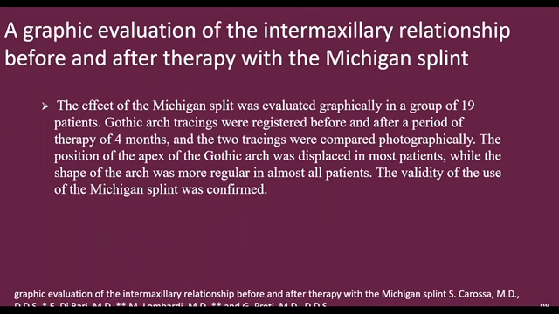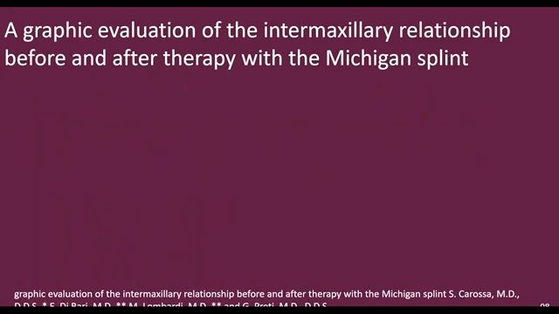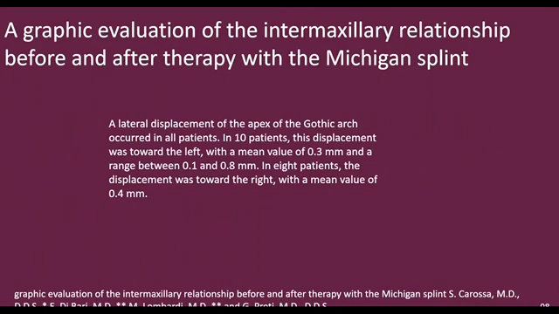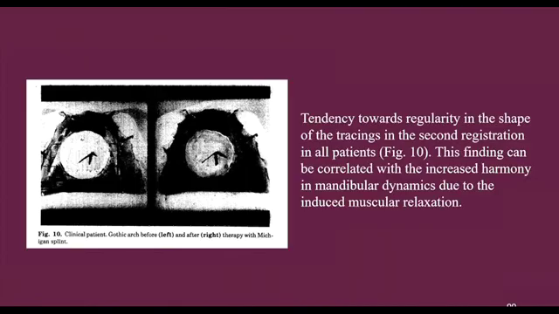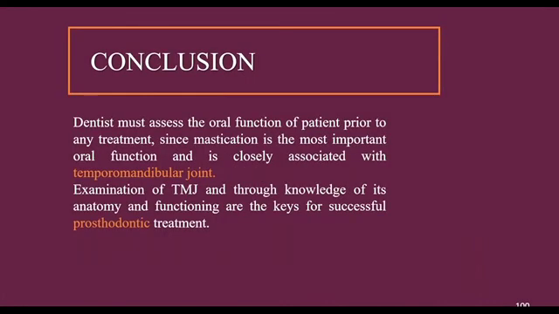Gothic arch tracings were registered before and after a period of 4 months. A lateral displacement of apex of Gothic arch occurred in all patients. There is a tendency towards regularity in the shape of the tracings in the second registration in all patients after use of Michigan splints for 4 months. This finding can be correlated with increased harmony in the mandibular dynamics.